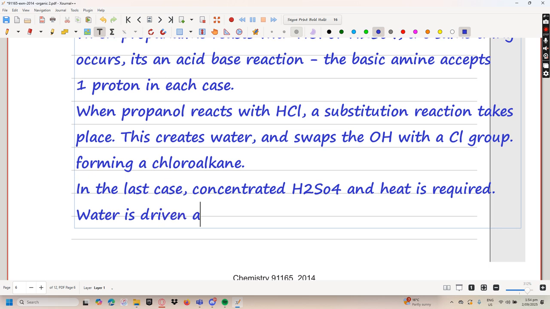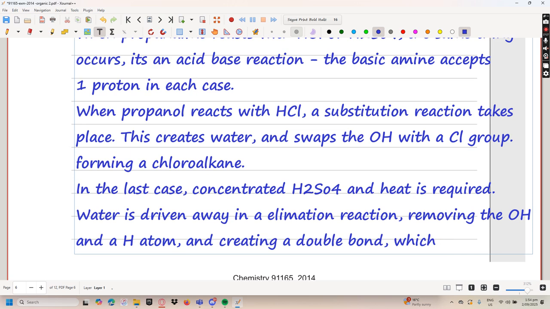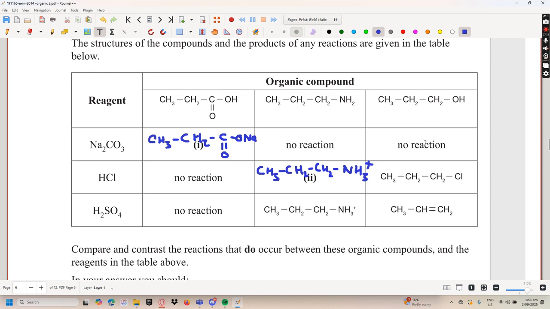Water is driven away in an elimination reaction, removing the OH and H atom and creating a double bond, which is an alkene.